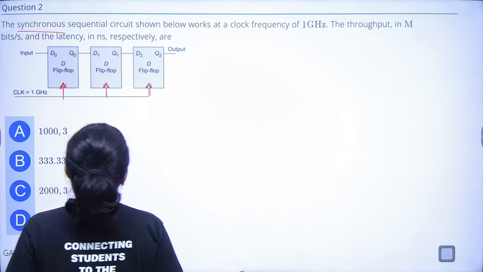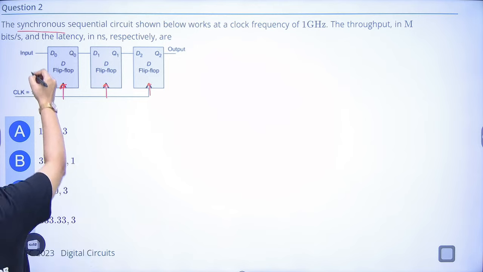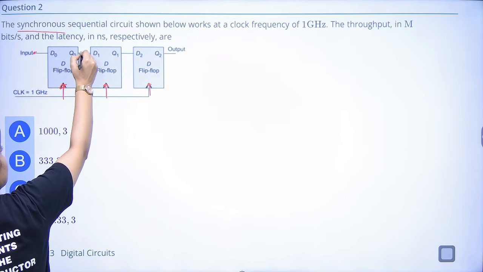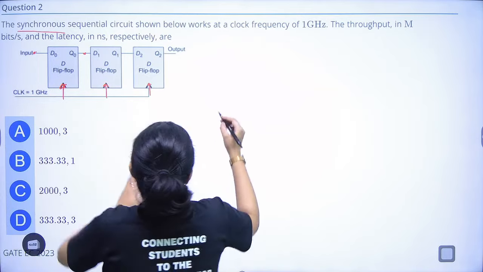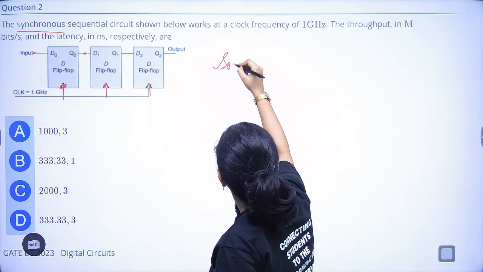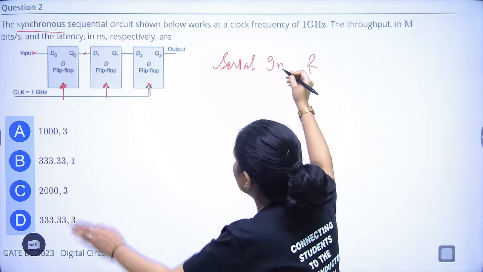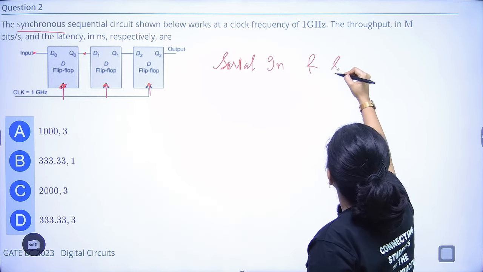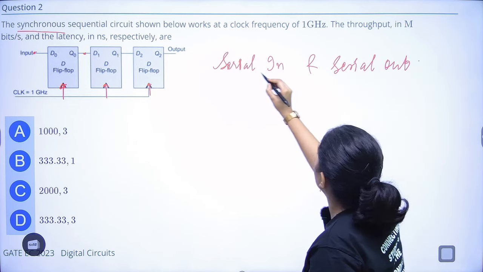This is a register, taking some input and giving the output serially. So it is serial in and the output is also given serially, serial out.